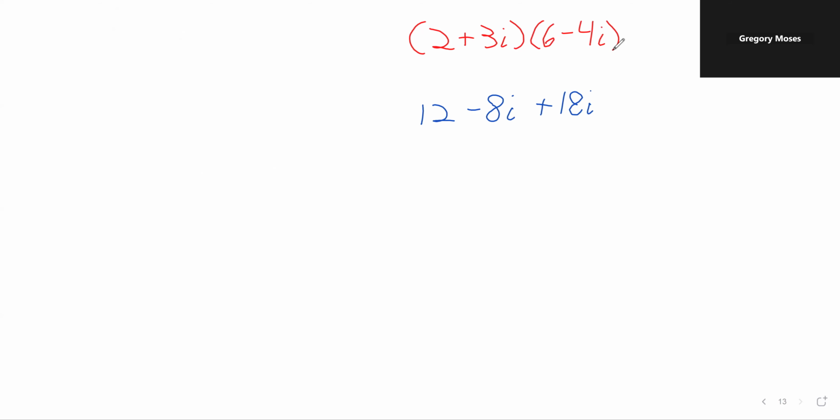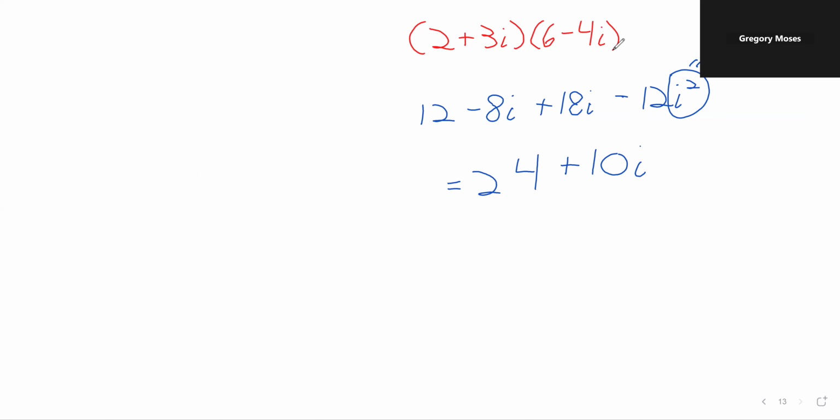Then 3i times -4i is -12 times i squared. But i squared is -1. So we wind up with this.